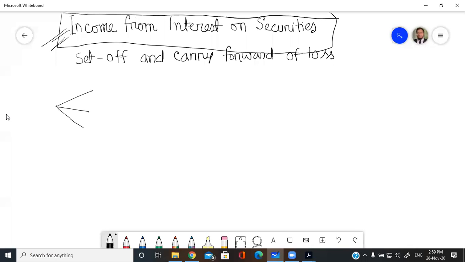You are very likely to see this kind of classification from the financial accounting module of your financial accounting 1 or 2.